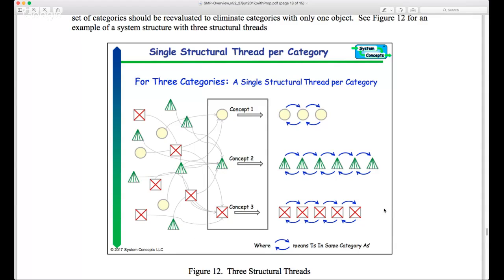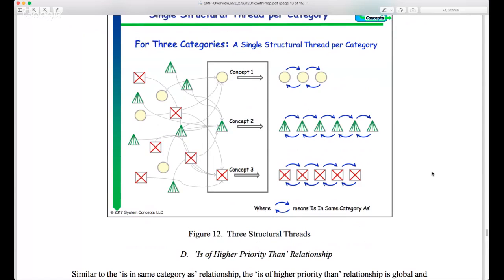So this is a global relationship that has a symmetric component, and it generates one thread per concept. So this way, we're just laying down some of the fundamental concepts and ideas about structuring relationships that we think would be useful and are going to help guide our selection of tooling, techniques and methods when we start engaging a group of people to structure these systems.